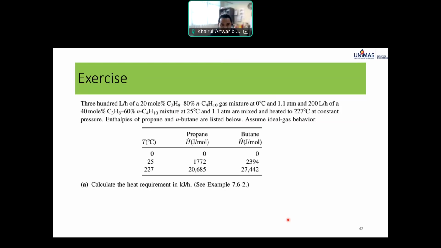There is no Ws here. Ws is zero, so the final term is Q equals delta H. So delta H refers back to the summation of outlet M H minus the summation of inlet M H. From there you get the values and get the Q.